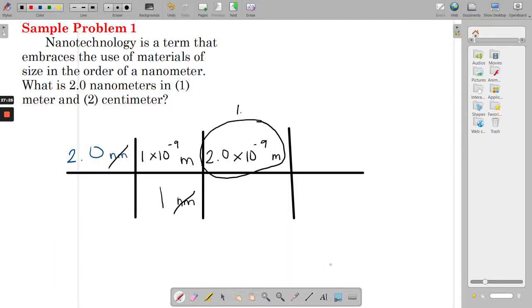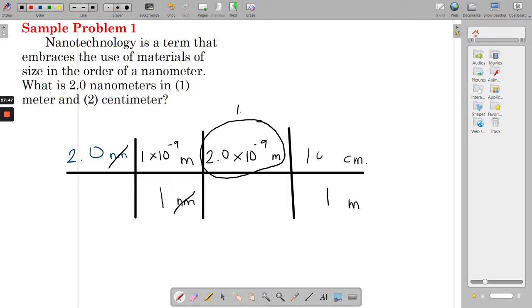So what I'll do here is I want meter on the denominator, and again I want 1 meter so that we can cancel that meter. And then now what we want to find out is how many centimeters there are in a meter.